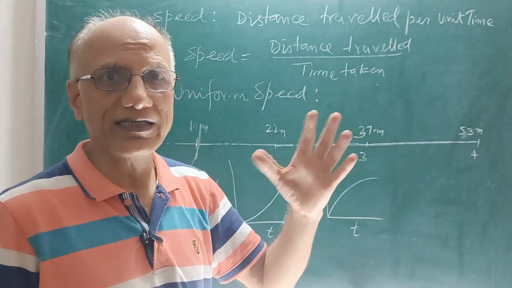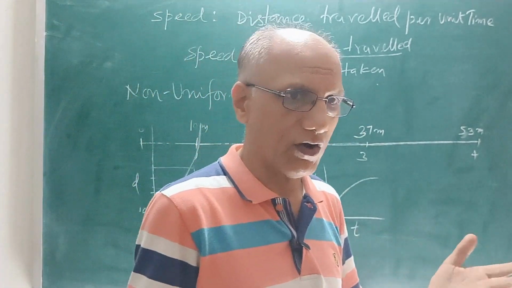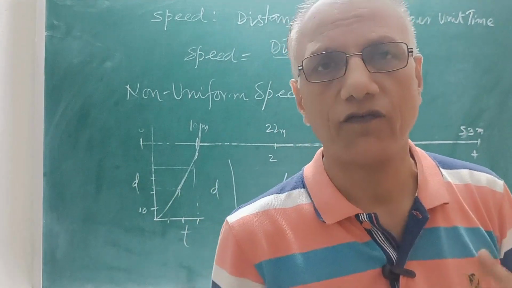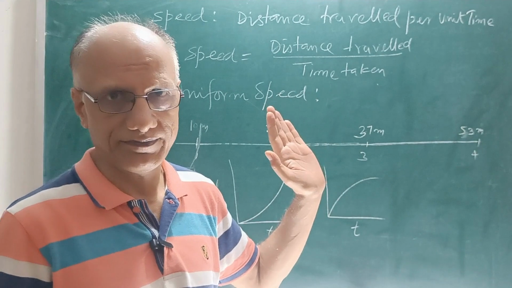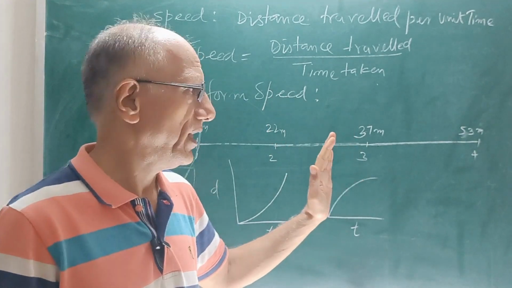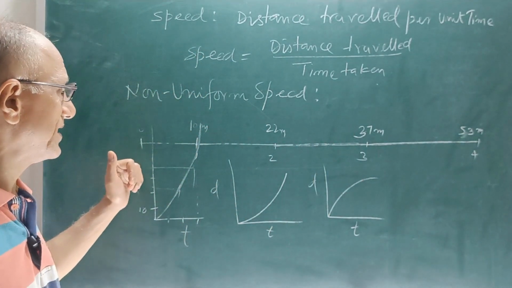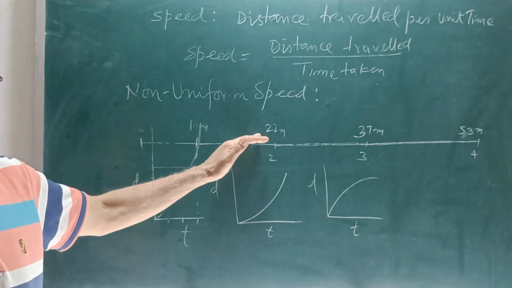The distance time graph for uniform speed is always a straight line. There is no doubt.